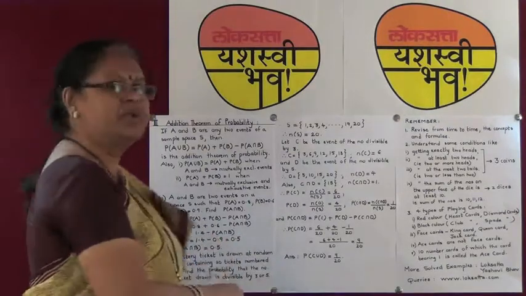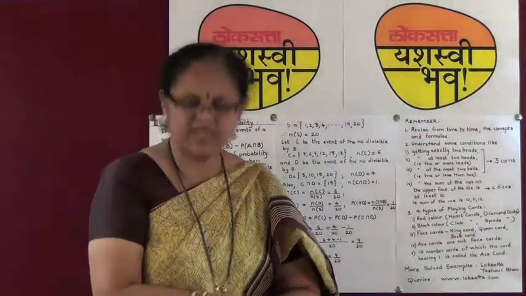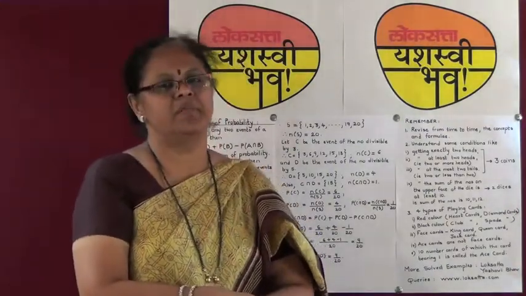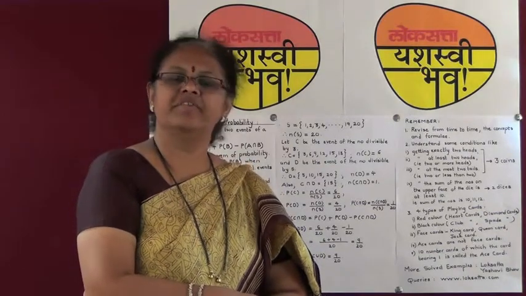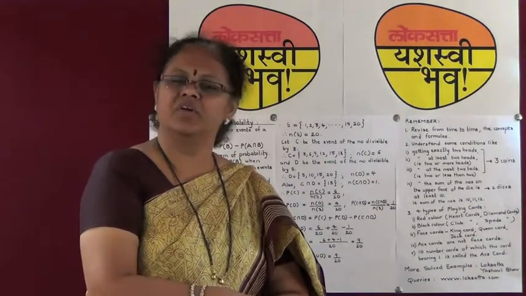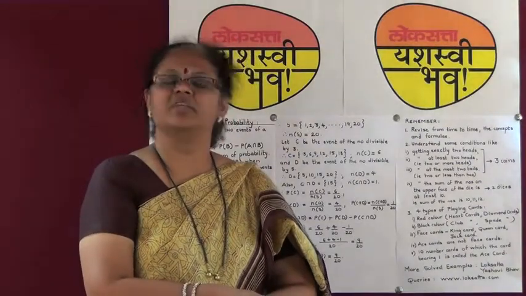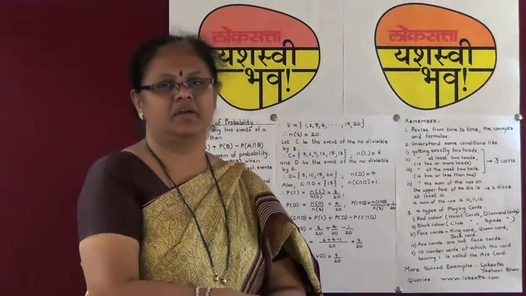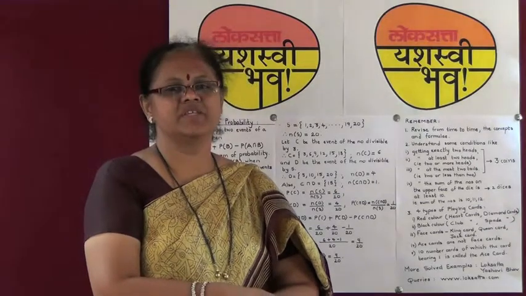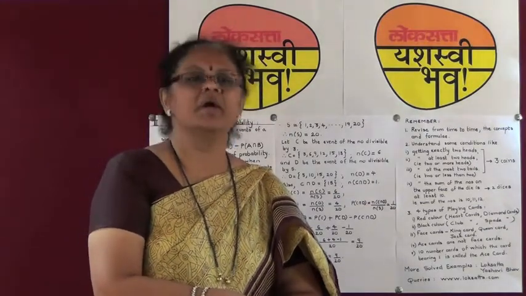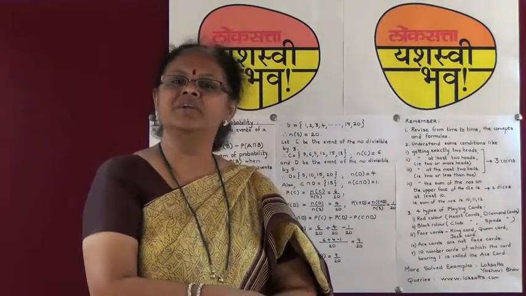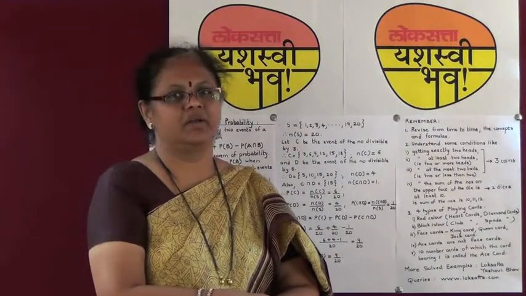So we have seen up till now the various concepts and formulas related to probability. That is, in the first part, we dealt with the various terms of probability. Then we have seen the various events of probability. In this part, we have seen what is probability, its formula, and the addition theorem of probability.